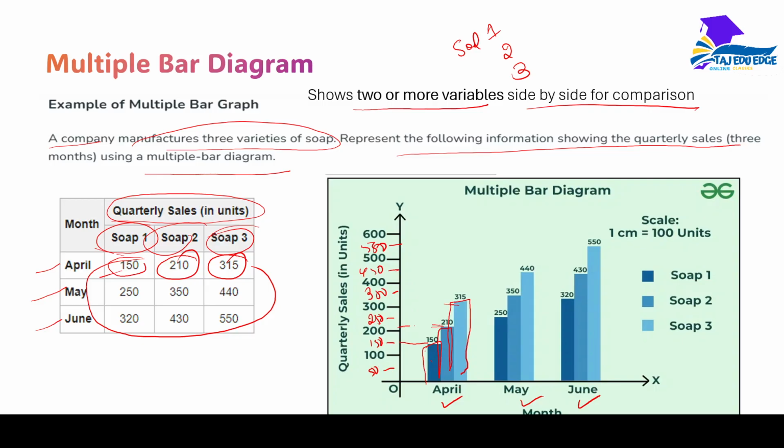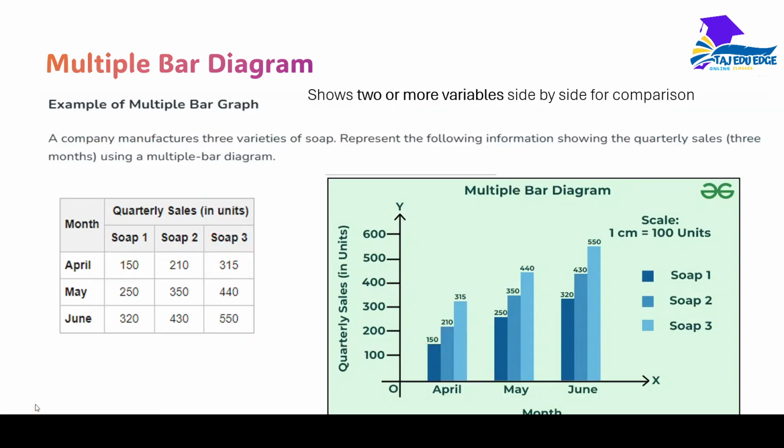Now if I ask you a question, which soap has been sold more in the month of April, you can easily say that soap 3 with the 315 units of sales, right? That is the top one. In the month of May, soap 1 is 250, it is marked here.